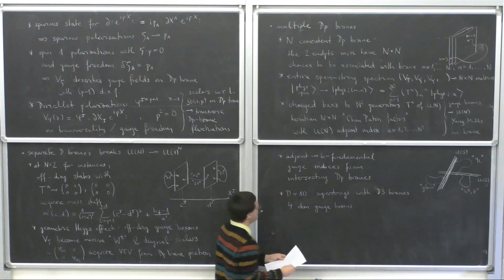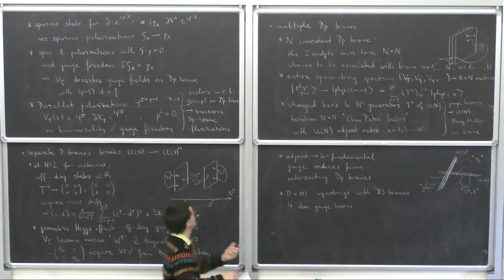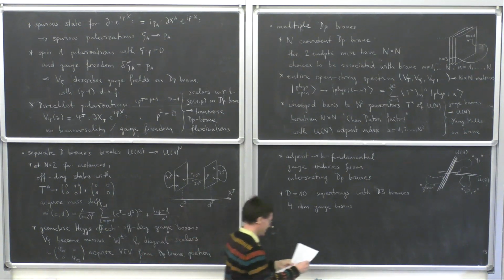And when D is 10, there are exactly 6 scalars at the massless level, 6 choices of these varphis.